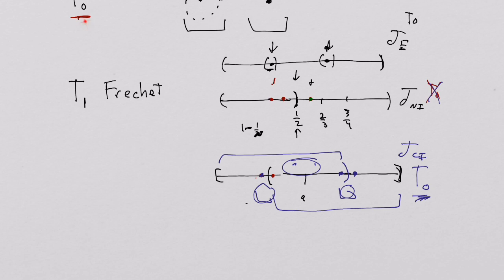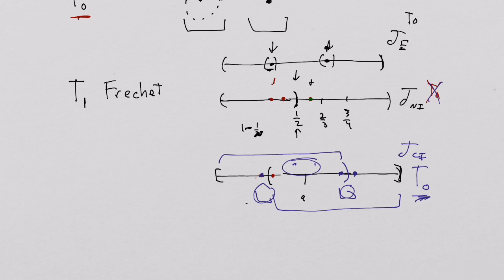And we showed a space that's not even T0. We showed a space that's T0 but not T1. And of course the Euclidean space is T0 and T1, right? Which makes perfect sense. So now we're kind of looking for a space that's just T1 but not T2, right? Which we haven't gotten to.